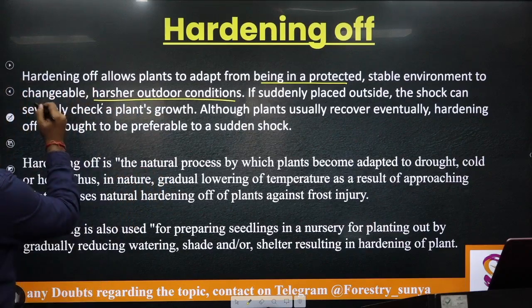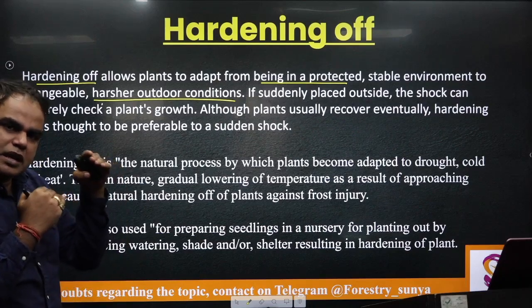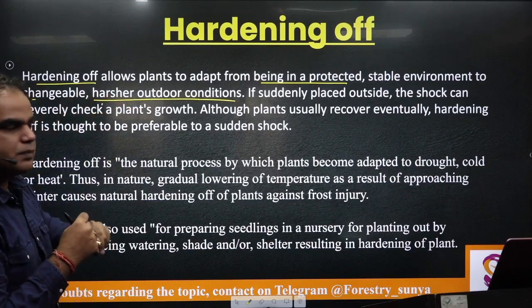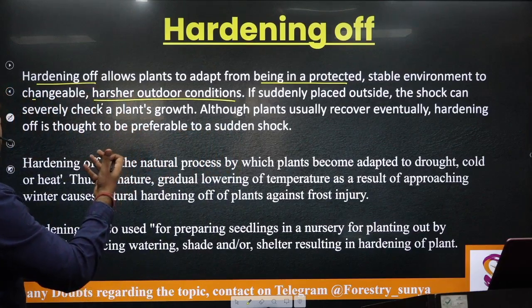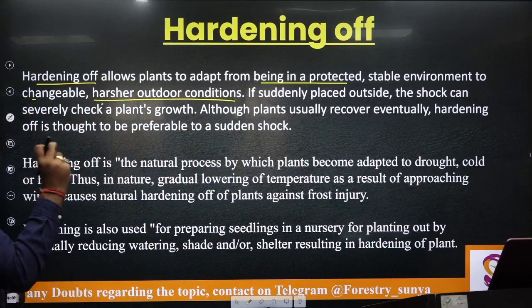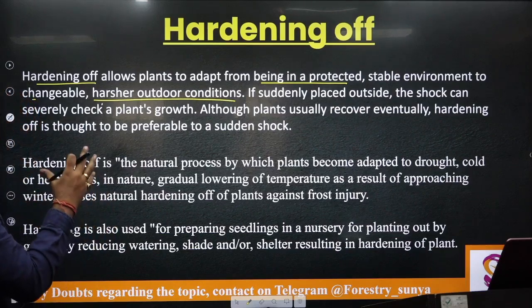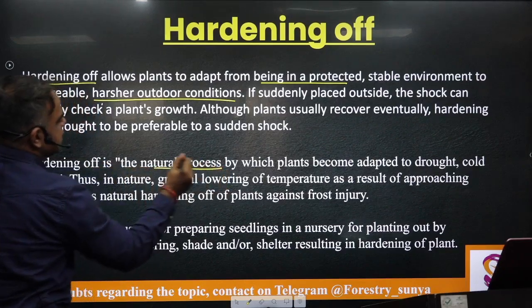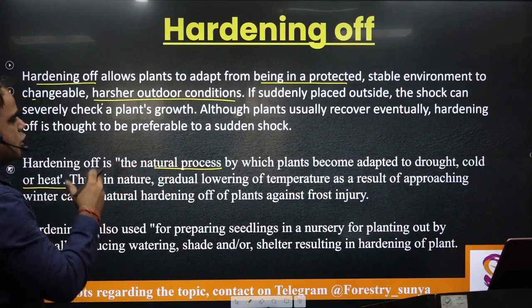Hardening off allows a plant which is living or staying in a protected stable environment to adapt to a harsher condition. Whenever it is placed outside, there is a shock that the plant will receive. It is this shock which is going to help it become more adapted. Simply, it's a natural process by which the plant gets adapted to drought, to cold, to heat.